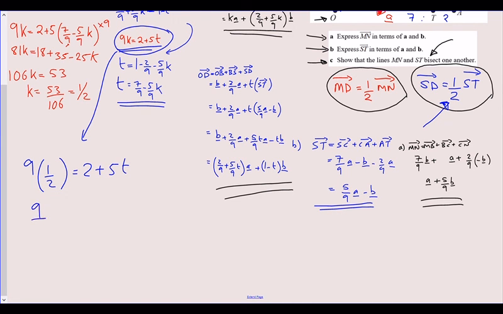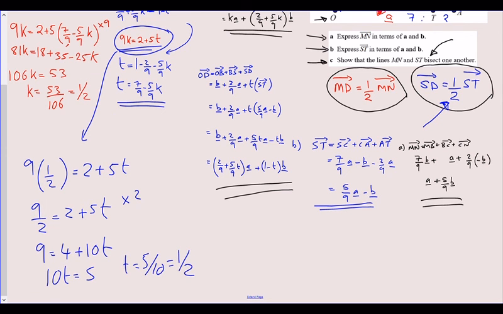So 9 over 2. So I'm just going to times that by 2. So 9 is equal to 4 plus 10t. So 10t must be equal to 5. And t is equal to 5 over 10, which is a half.